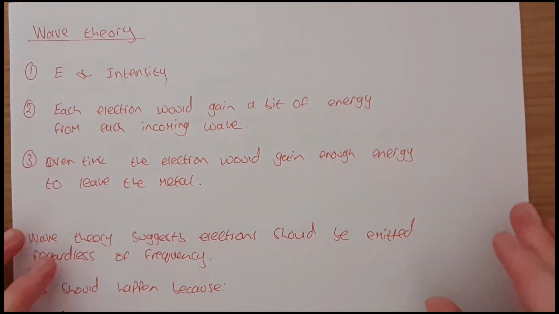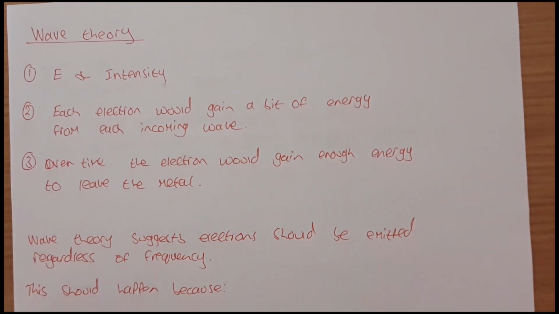And wave theory would tell us that every time this wave hits our electron, it gains some energy. And over time, as this wave keeps being absorbed by the electron, this electron is going to gain more and more energy each time. And when it gets to a certain value, our electron will be emitted.